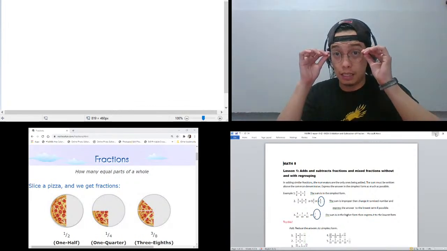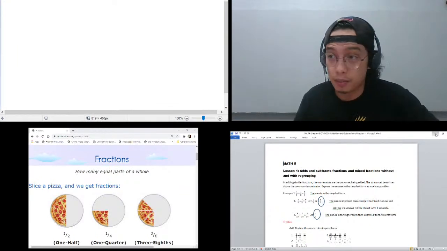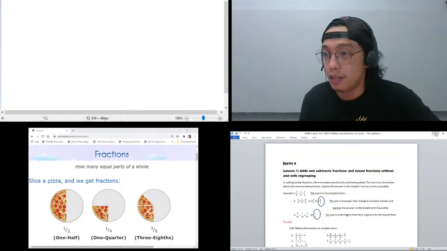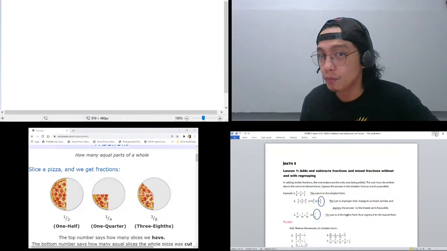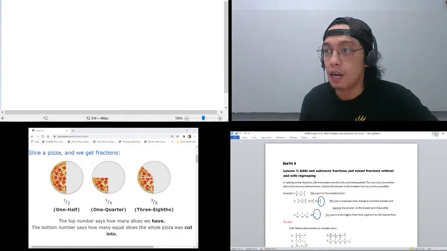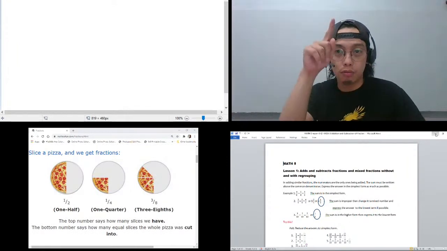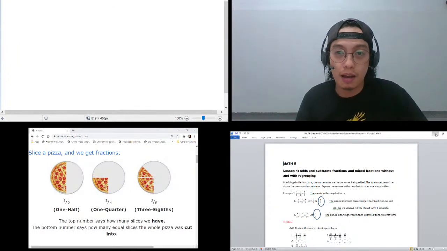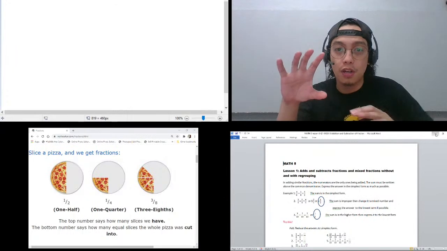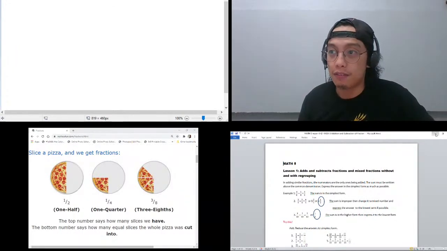For example, the half of the pizza: if you divide the pizza into two equal parts, that's 1/2. Two halves. One 1/2, or one 1/2.